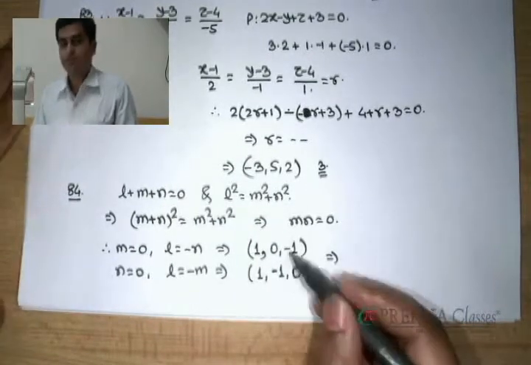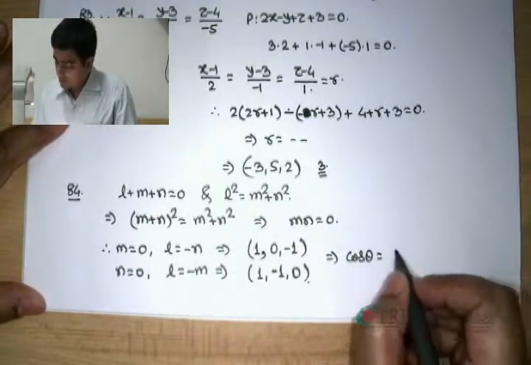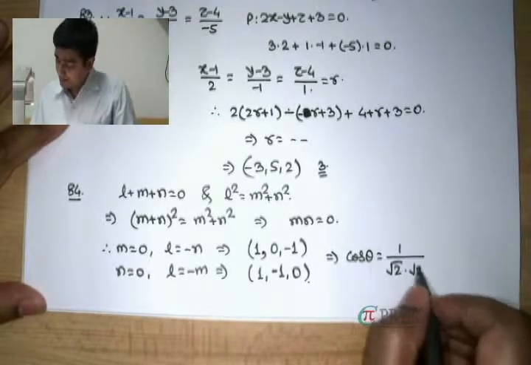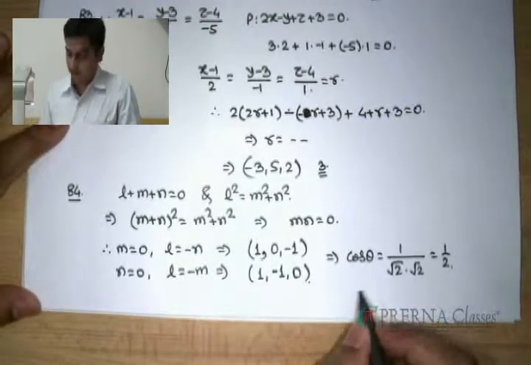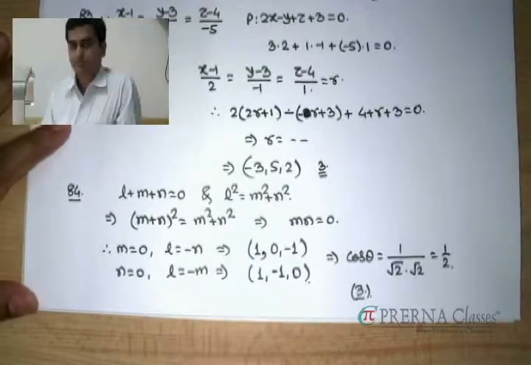The angle between this pair of direction ratio triplets is going to correspond to their dot product, which is 1 by their magnitudes, clearly simplifying to half, hence that corresponds to 60 degrees, which is the third option of that problem.